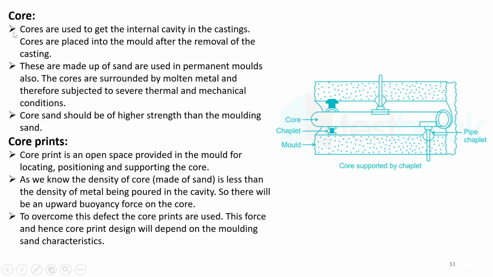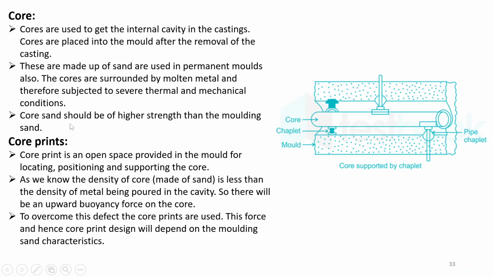Now in case of cores, these are used to get the internal cavity in the castings. These are placed into the mold after removal of the casting, and these are made up of sand and are used in permanent molds also. The cores are surrounded by molten metal and therefore subjected to severe thermal and mechanical conditions.